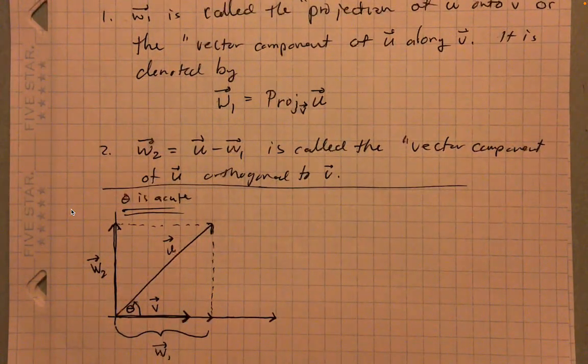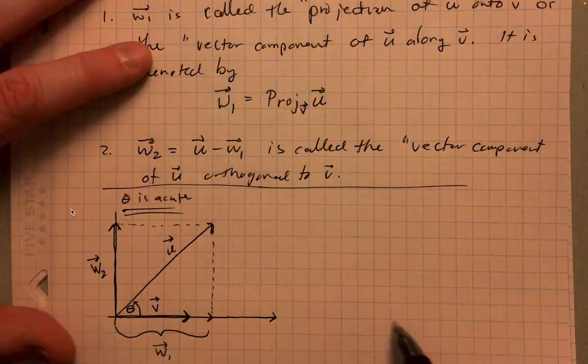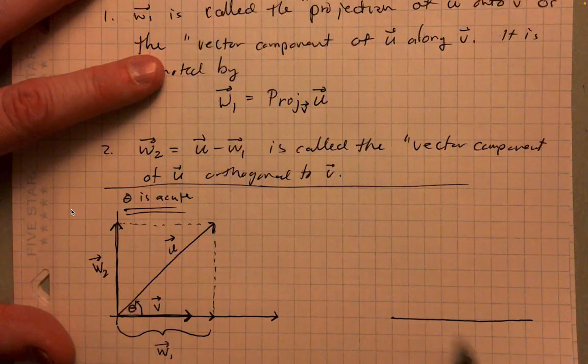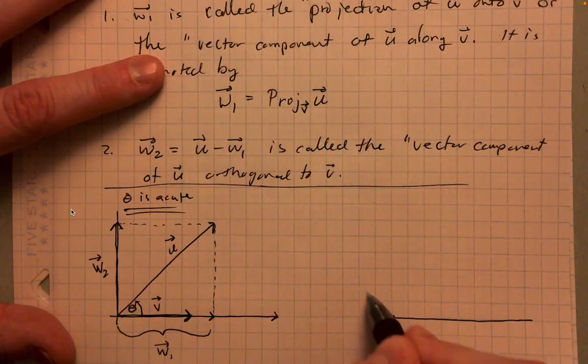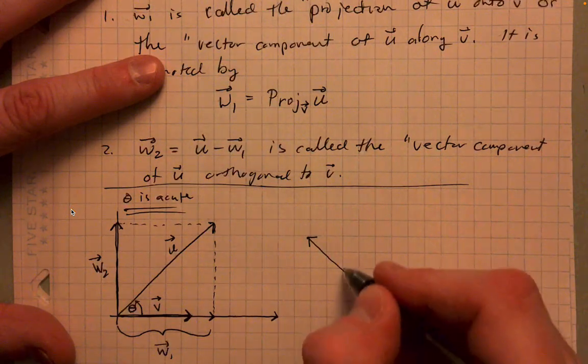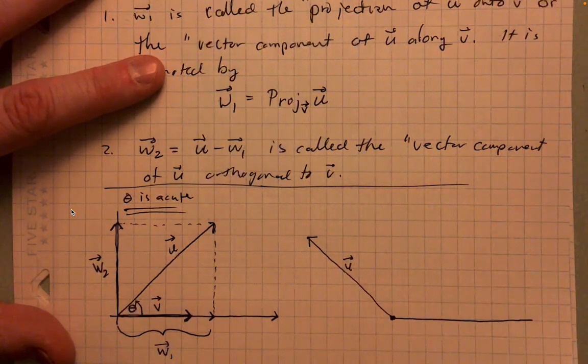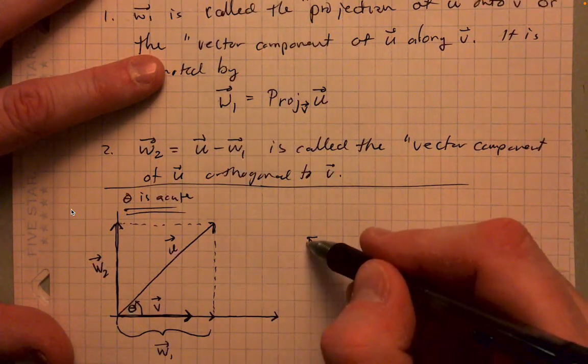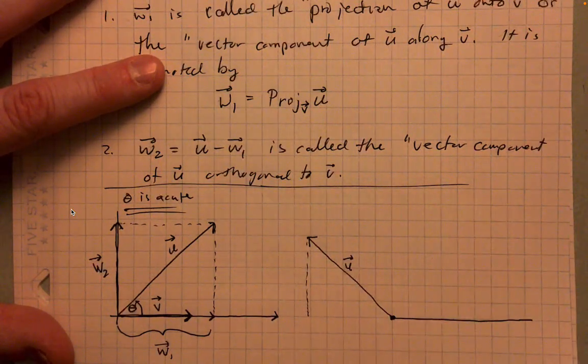What happens when theta is an obtuse angle? Well, it's pretty much the same idea, just extends into the other direction. So let's say instead I've got my u up like this, and you can think of it as coming down like this.